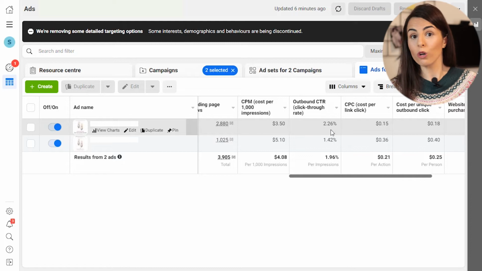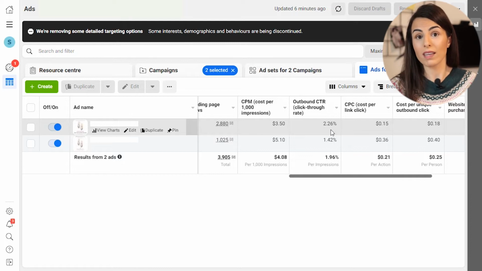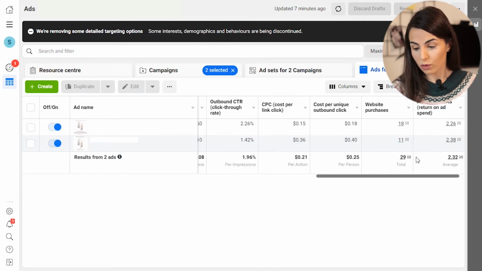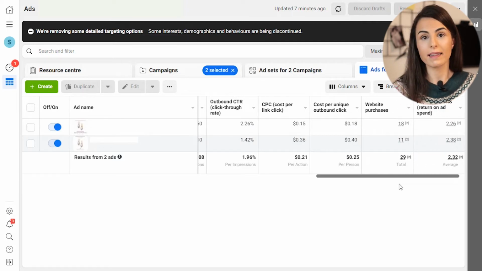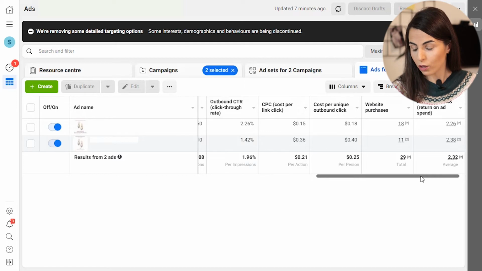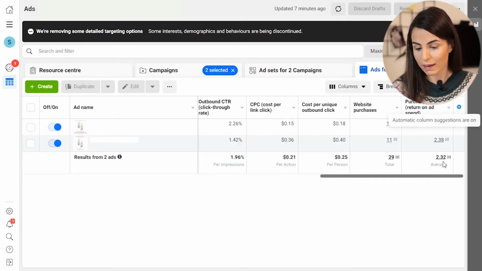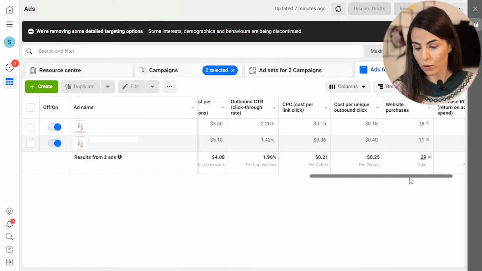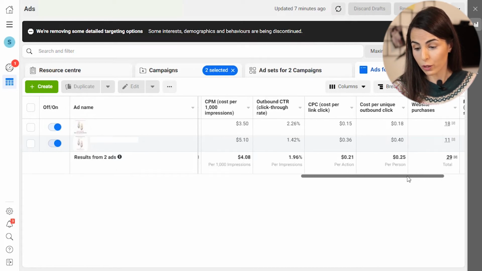Everything happening on your store, all the metrics related to things happening on your store are not 100% accurate because of the iOS 14 update and all these new things happening. That's why when you go in here to the purchases, you can see that this metric is estimated, and when you go to the ROAS, you can also see that this metric is estimated. However, when we go to the cost per unique outbound click or the cost per click, they are accurate.